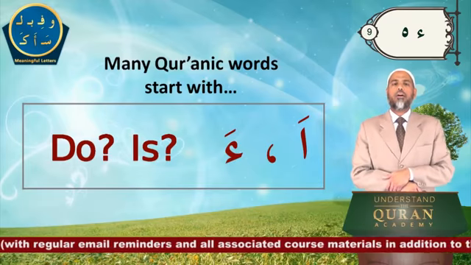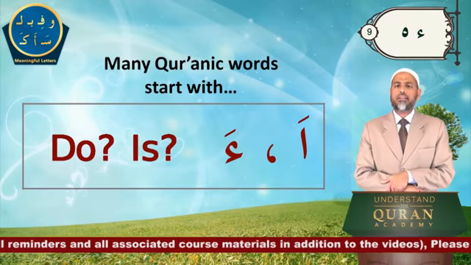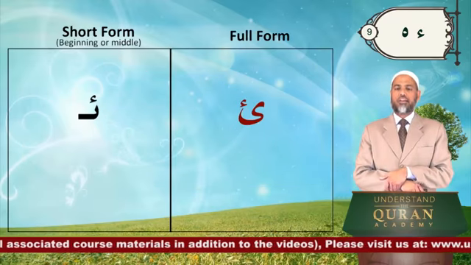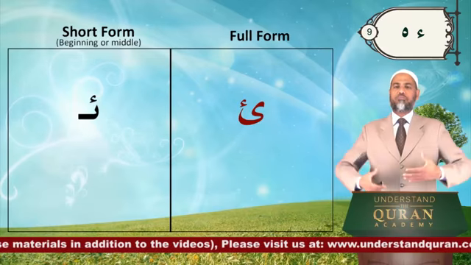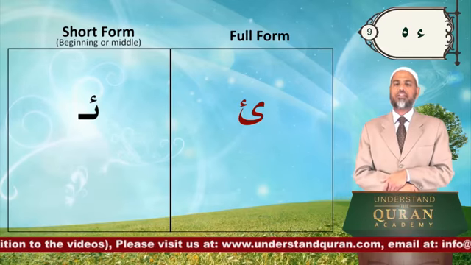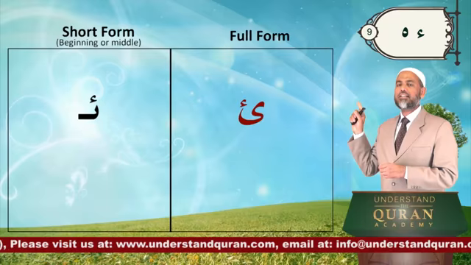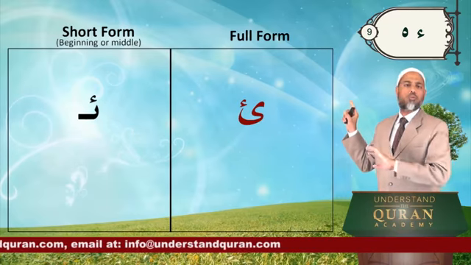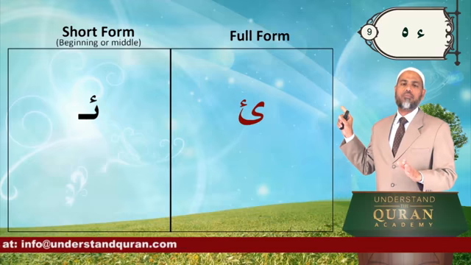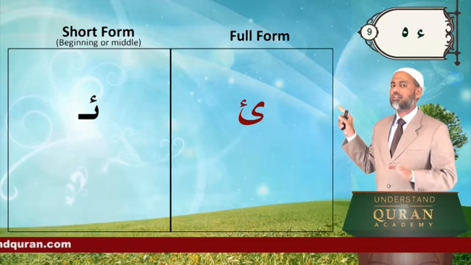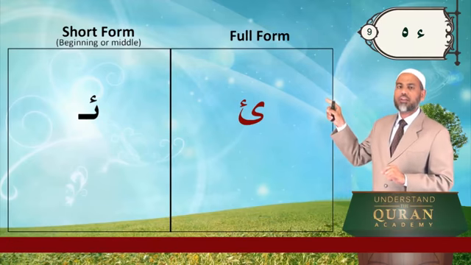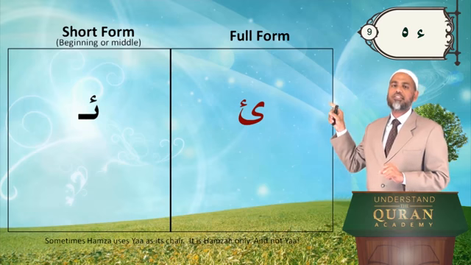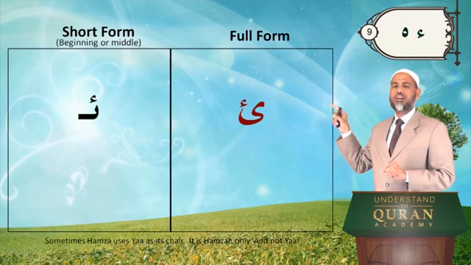The second letter that is used as a chair by Hamza to show itself prominently is Ya. So you see that Ya, and on the top of it is Hamza. So it is Hamza, no more Ya. Ya has nothing to do with it now. Ya sound has nothing, it is A. And similarly, the short form of Ya, you have already learned, that is also Hamza.